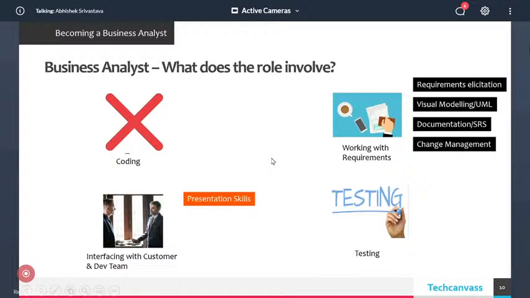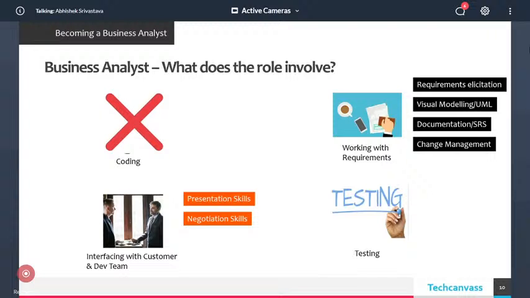What about working with customers as an interface? You need to have good presentation skills. You need to know how to negotiate. When I say negotiate, it's not about negotiating the pricing. It's about negotiating to agree on which requirements to be done first.